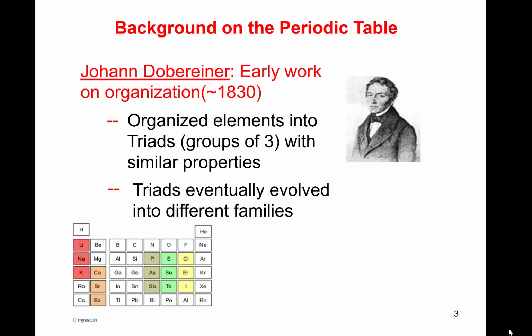As you can see in the picture, lithium, sodium, potassium, which are in red on the left in the table there, are currently what we call the alkali metals or the alkali metal family. Calcium, strontium, barium is the alkaline earth metal family. We now know them as families, but his early work on grouping them into 3 started off this organization that we have.